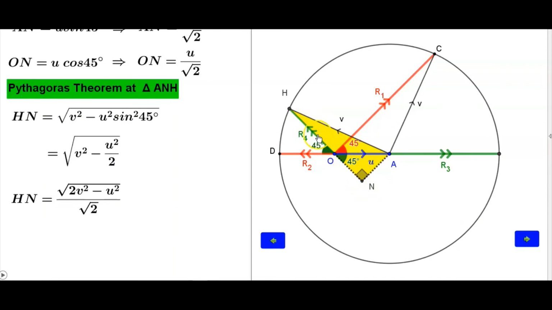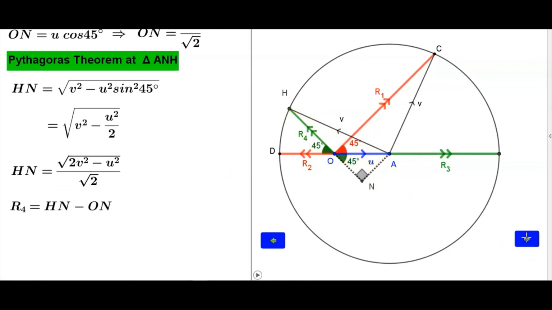Our aim is to find out R4. Therefore, R4 is equal to HN minus ON. From this, this is the HN and this is ON. Therefore, R4 is equal to HN minus ON.